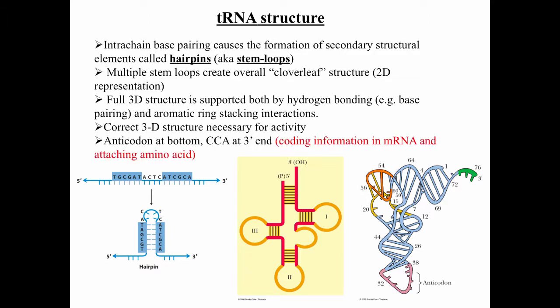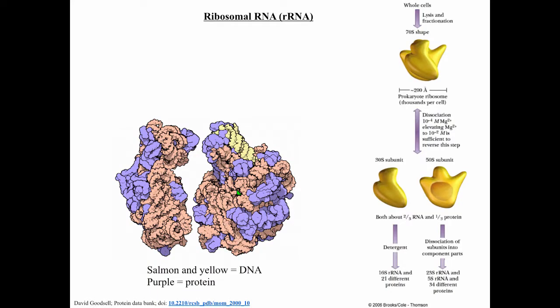At the bottom of the tRNA is what we call the anticodon. This is important for decoding information in mRNA. And then at the 3' end of the tRNA is where the amino acid is attached. When we go into translation, we'll talk about the mechanism of attaching the amino acid onto the tRNA molecule.